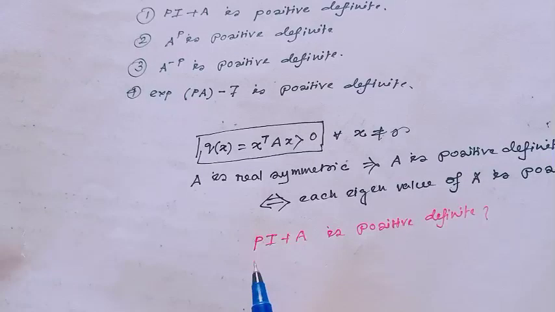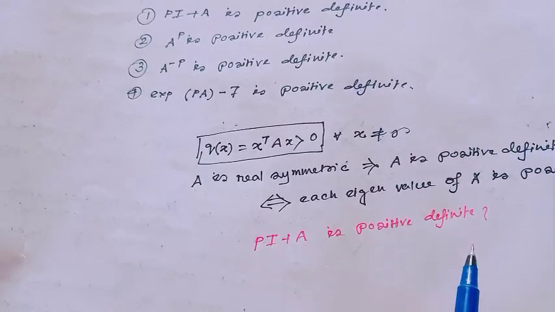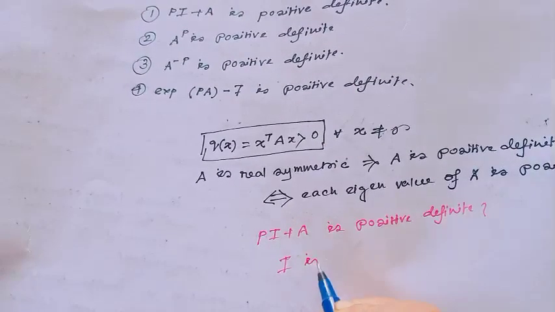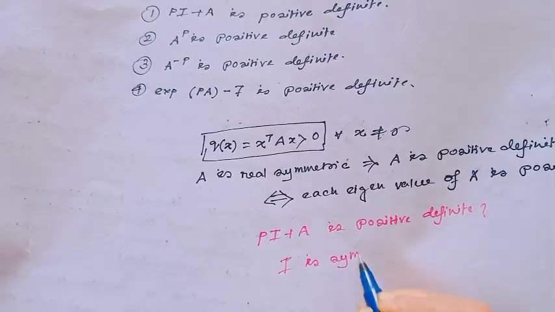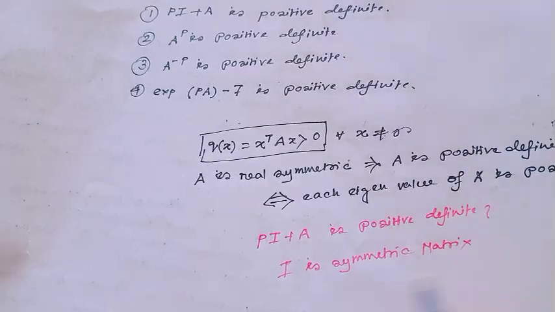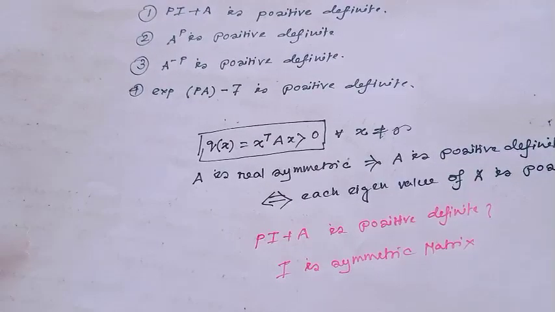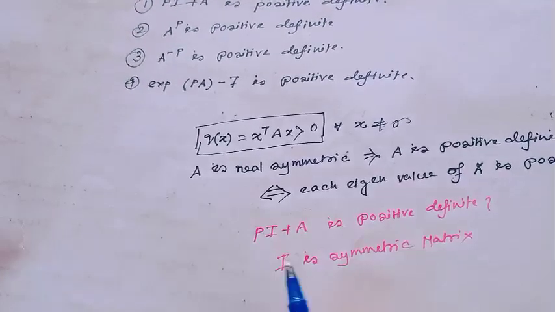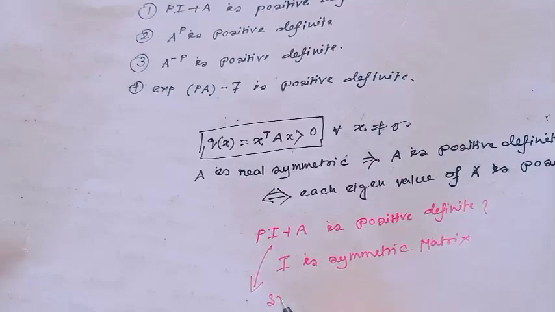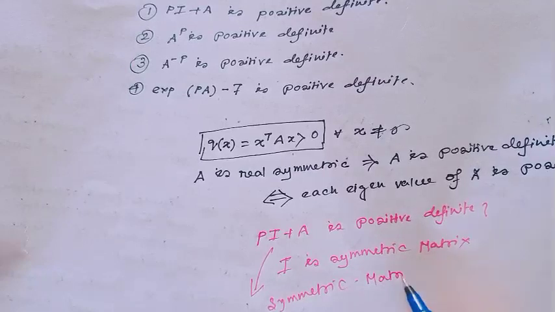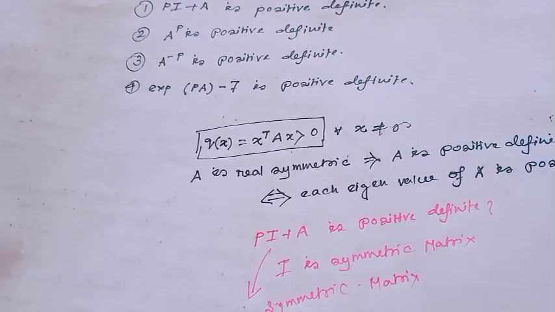First option, PI plus A is positive definite. Since identity is always a symmetric matrix, and P is any positive number, and given A is a real symmetric matrix, so PI plus A is obviously a symmetric matrix, and we have to find whether this matrix is positive definite or not.